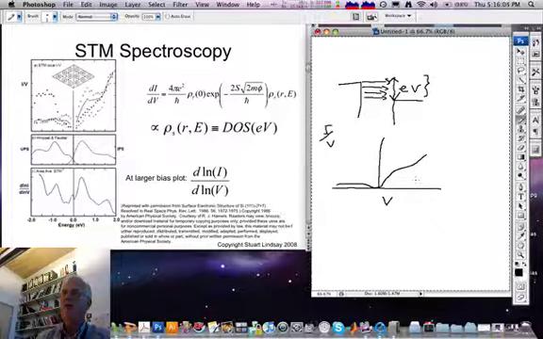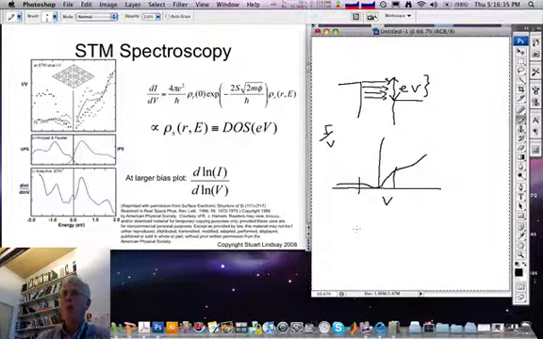What is shown on this slide is that techniques that measure the surface density of states, for example, ultraviolet photon spectroscopy, which knocks electrons out of the occupied states with ultraviolet photons, or inverse photoemission, which measures the density of unoccupied states, show peaks in regions associated with features in this curve.